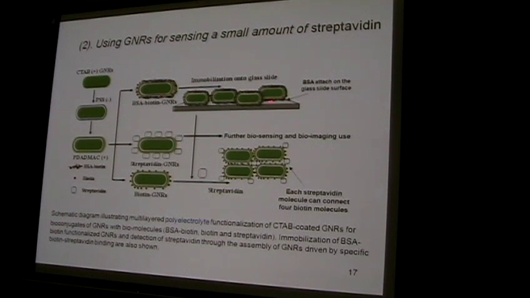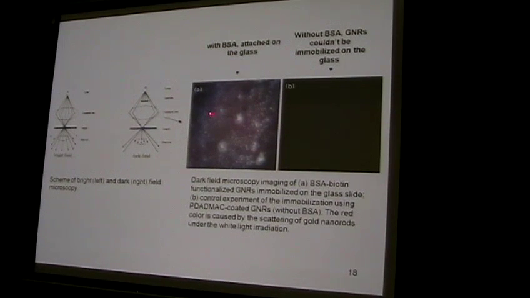If it's on a glass slide and you want to test, for example, a blood sample, then we need to put in BSA, because BSA will allow these biomolecules to immobilize on the surface of the glass. Then we look at dark field microscopy to see that with BSA, these gold nanorods are attached on the glass slide, while without BSA they will wash away, so you don't see these gold nanorods or their absorption spectrum.